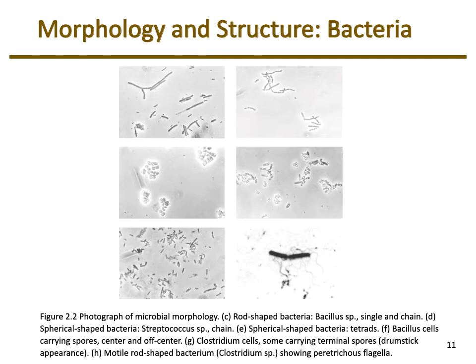There are little areas where they're strepto, so they're connecting end on end, and there are some that are also single. To the right of that in panel D, we have these chains forming, and those are spheres, so Streptococcus. And then panel E, back on the left side, we have these groups of four forming, so those would be tetrads.